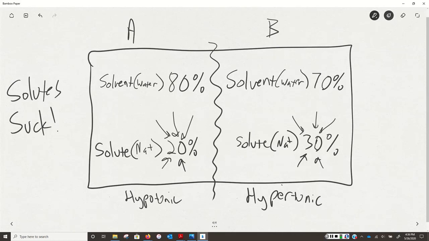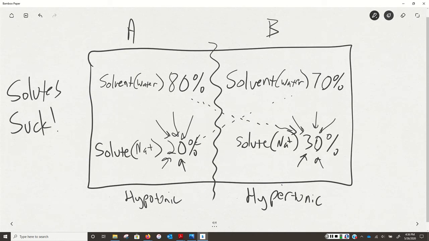This 20 is not just pulling on that water in A. It's also pulling this water from B. And this solute over here on side B is also pulling water from side A. So water is getting pulled from B to A, and water is getting pulled from A to B because those solutes are sucking the water towards themselves.